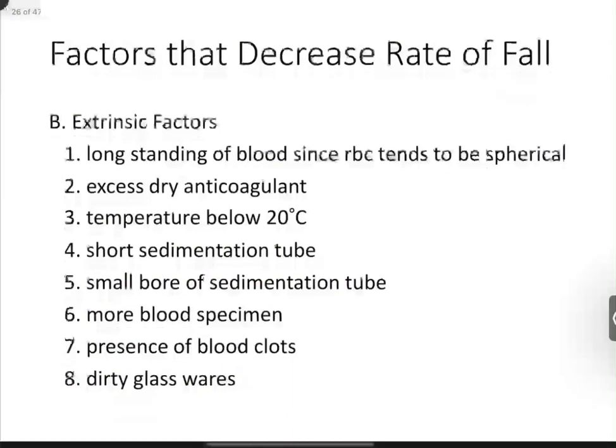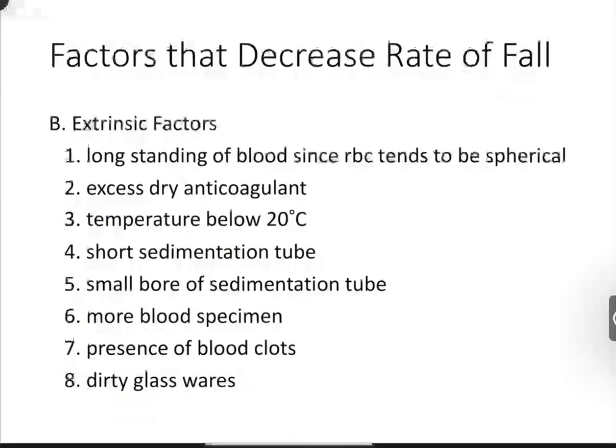We also have extrinsic factors: prolonged standing of your blood, excess anticoagulant, and temperature below 20 degrees Celsius. Why? The colder the place, the slower the settling of the cells.